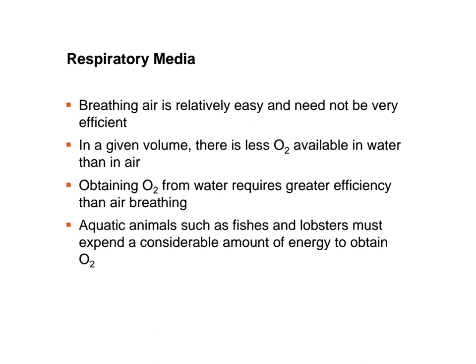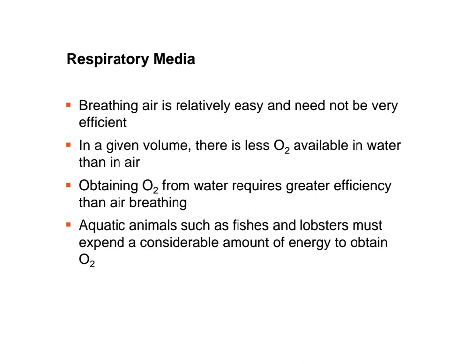So due to these differences between air and water, there are very large differences in the way animals will breathe, depending on whether they're breathing air or water. Breathing air is relatively easy, and it doesn't have to be particularly efficient. So in fact, the way we breathe, the way mammals breathe, is actually fairly inefficient. In a given volume, there's less O2 available in water than in air.